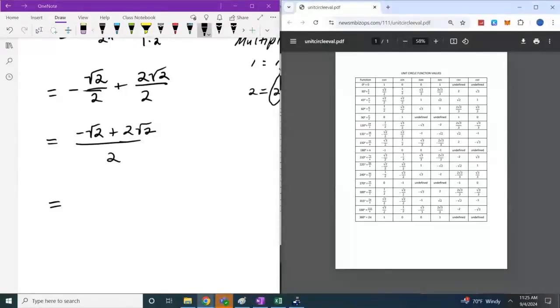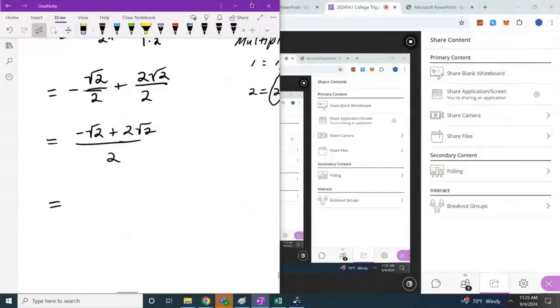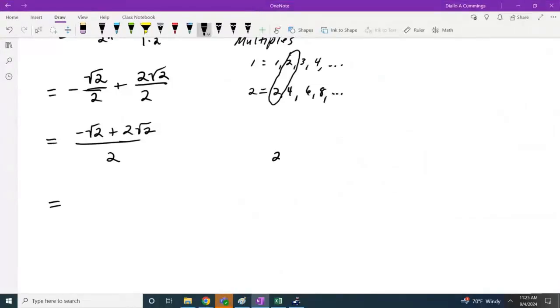Keep in mind for your square roots, here I have the square root of 2 plus the square root of 2. All together, I have 2 square roots of 2. For negative square root of 2, I just have 1 negative square root of 2.